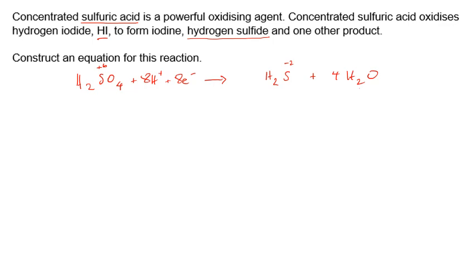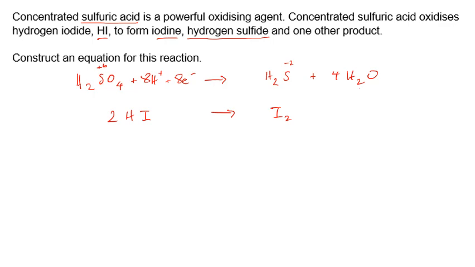Okay, let's go and do the other half equation. So let's see, the other half equation is hydrogen iodide to iodine. Okay, so in the same way, we're going to put hydrogen iodide on the left hand side, leave lots of space, and iodine on the right hand side. And the first thing is we have to balance our non-hydrogen oxygen elements, which are iodine, so we're going to need 2 of these.